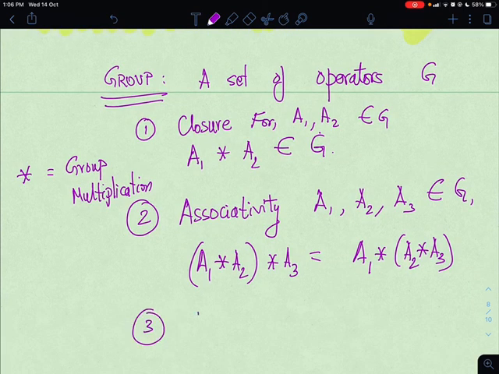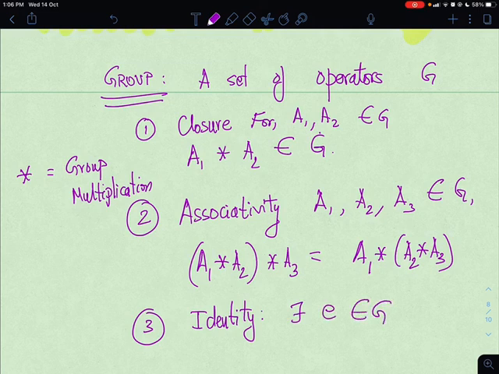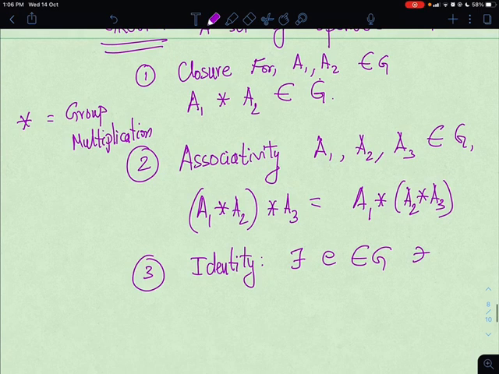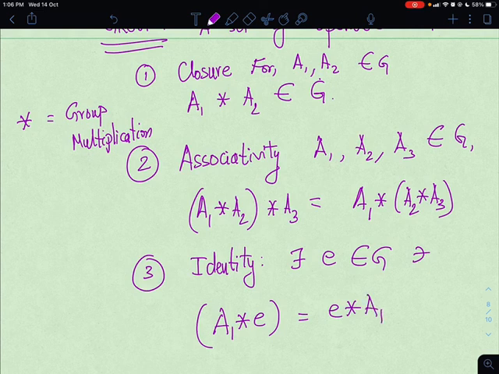Then third, identity. That means there exists an element E belonging to G such that A1 star E is equal to E star A1 is equal to A1.